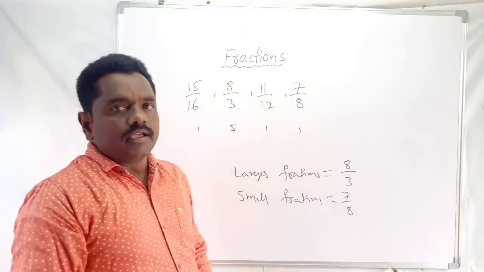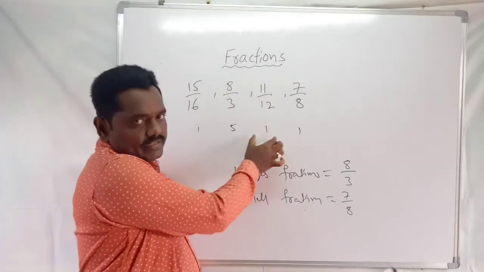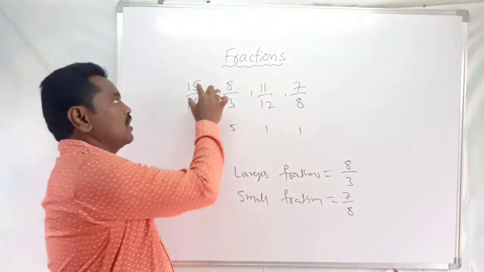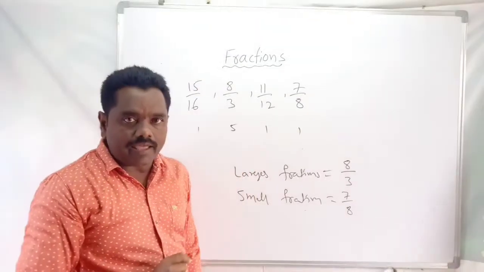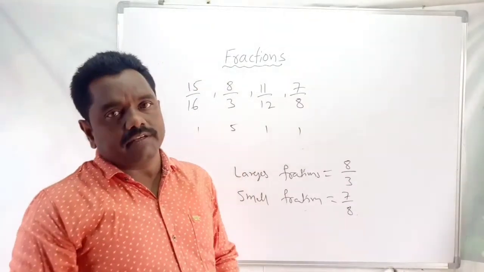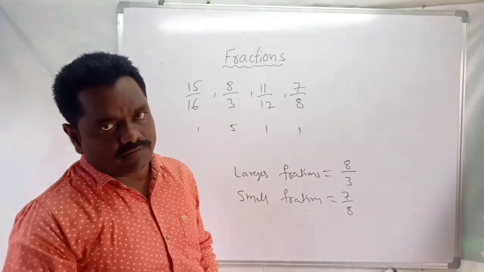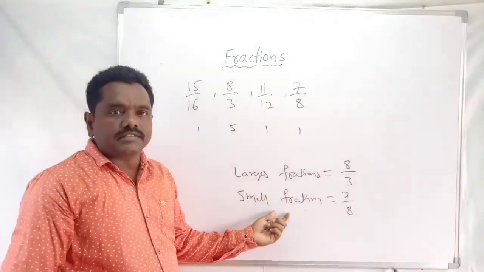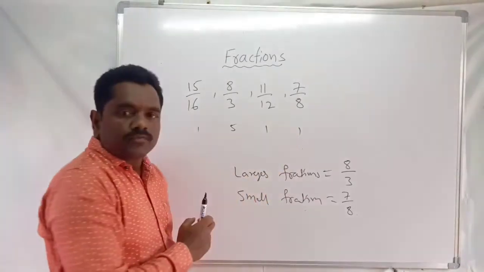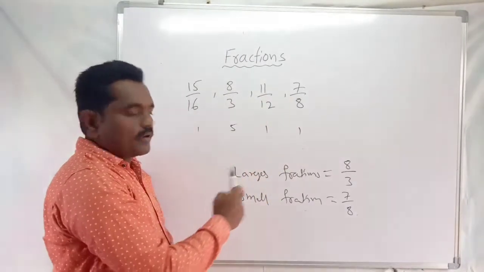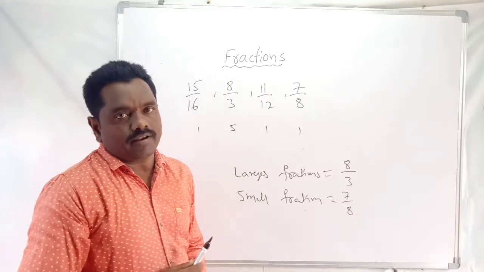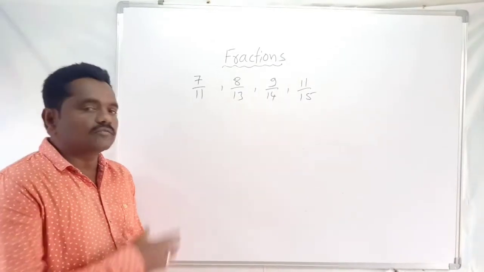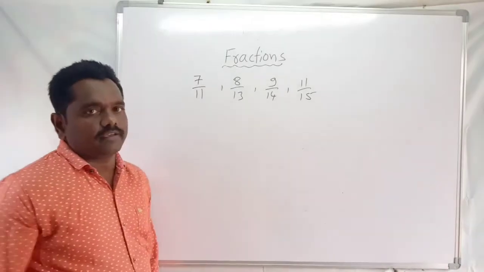In the method where the differences are not equal, the improper fraction is the largest fraction. Similarly for the smallest fraction, when the differences are the same, the small denominator gives the smallest fraction. This is one trick. All competitive exams give this type only.